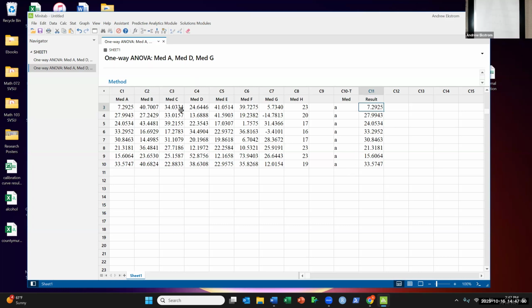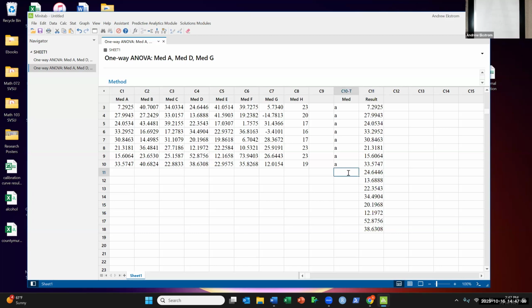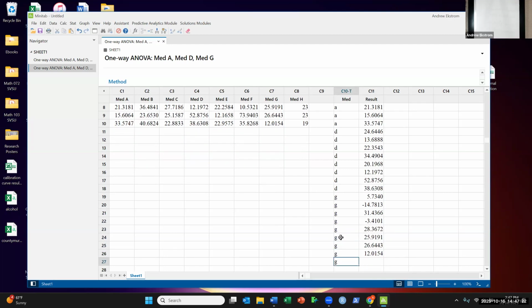Now I come down here. We're looking at what? A, D, and G. So copy this, paste it over. Come over here to G, copy, paste, G, G, G, G, G, G, G, G.